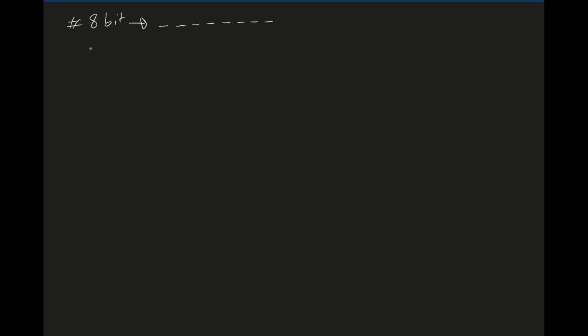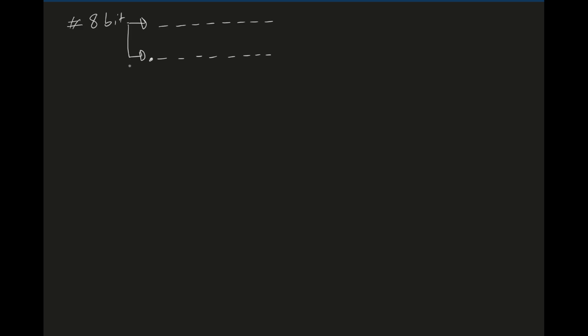On the other hand, I can allocate all 8 bits for the fraction. In this case, I can represent a lot of fraction values, but I can represent no magnitude. There's no integer part for it.